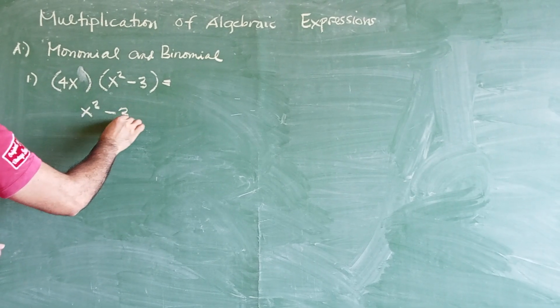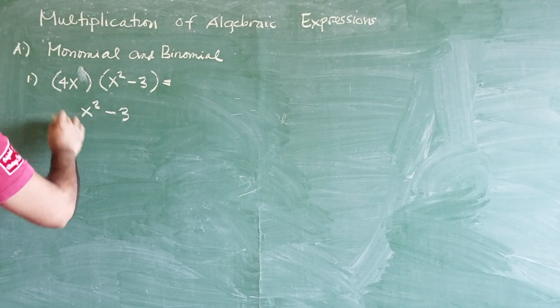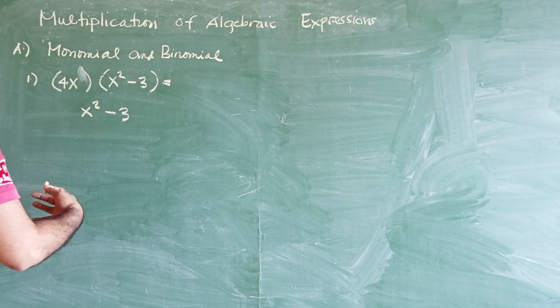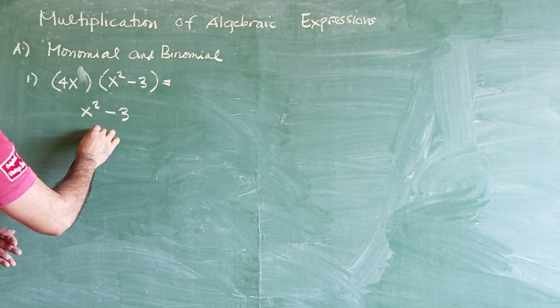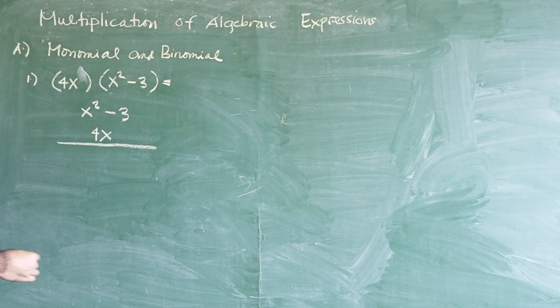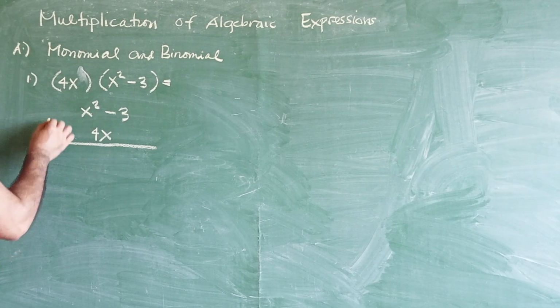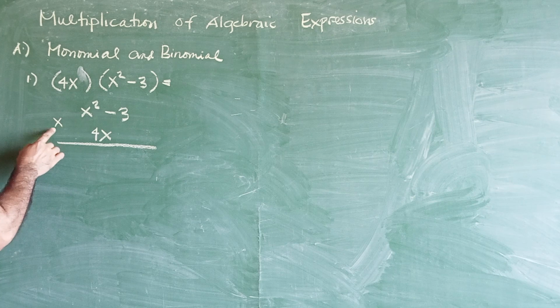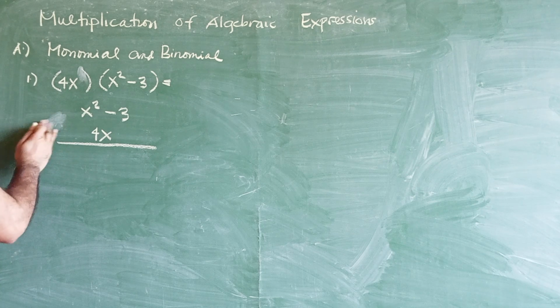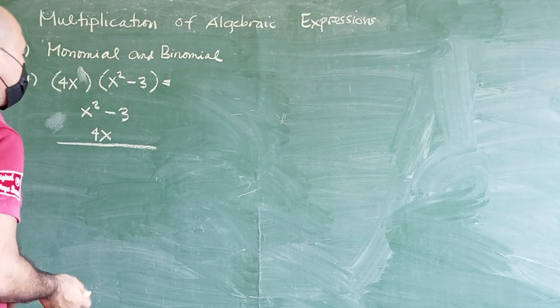So we first write x squared minus 3, and the one with fewer terms should be in the second line. It is always understandable that the process is multiplication, whether you place the multiplication symbol or not. That is not important.